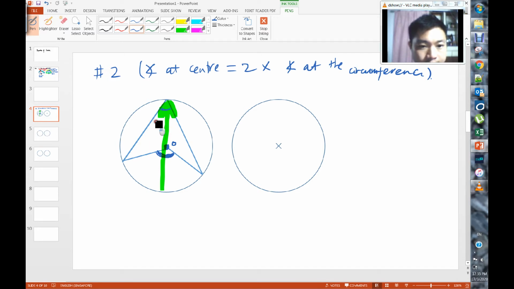Am I right? Then you can make use of this rule: angle at center is 2 times the angle at the circumference.